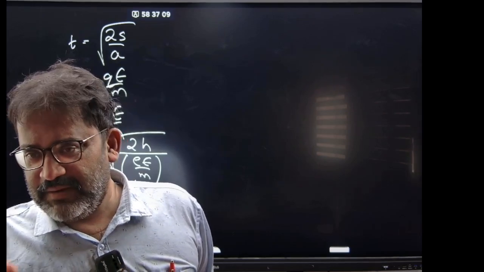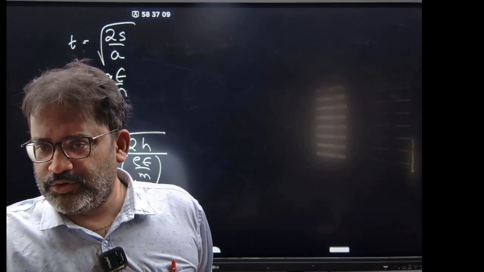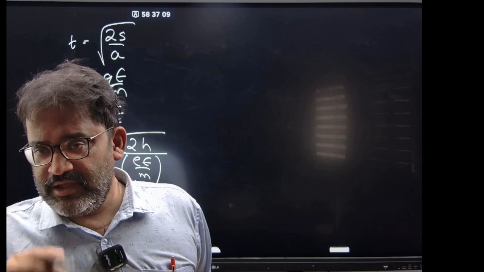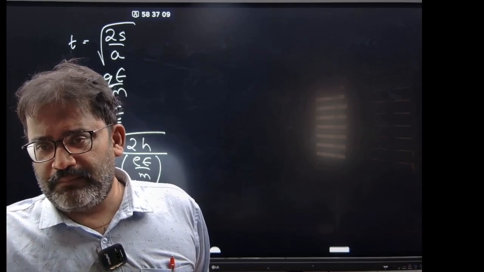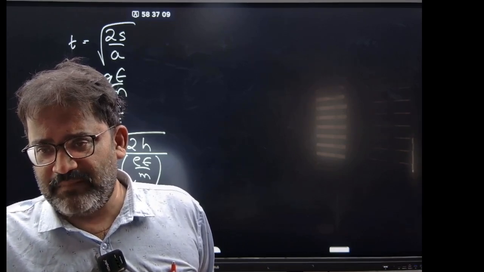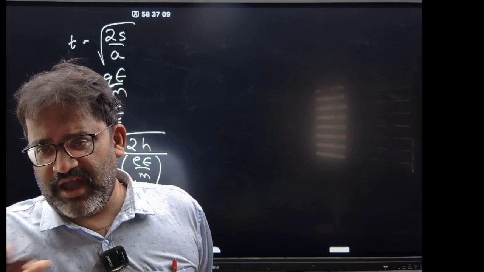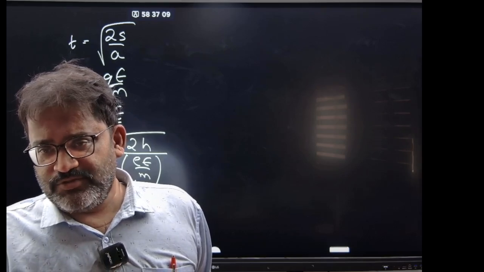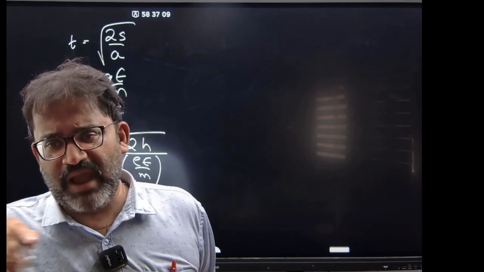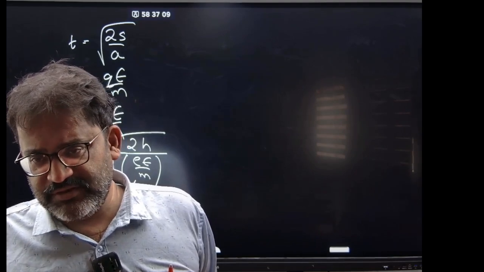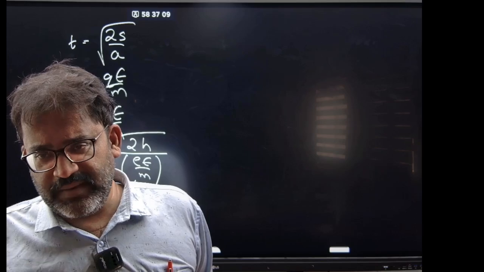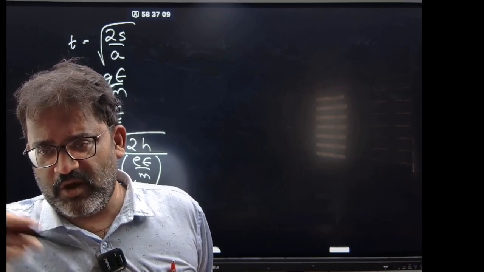That means K Q1 Q2 divided by R square is equal to K Q1 prime Q2 prime divided by R prime square. The distance changes, so one should be R, the other R prime. K gets cancelled.